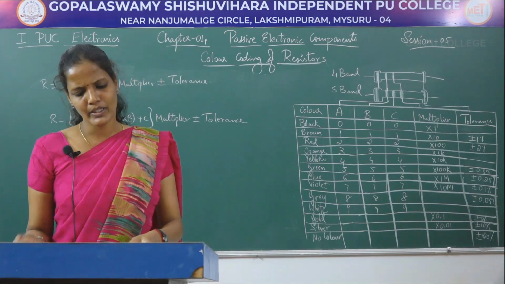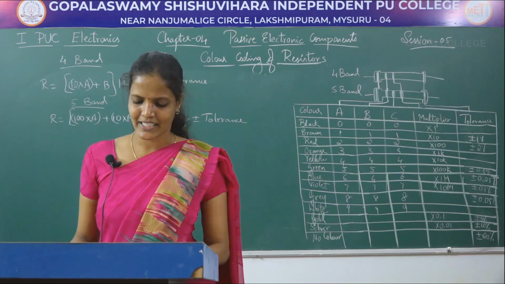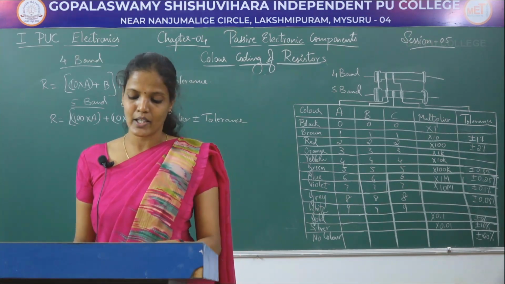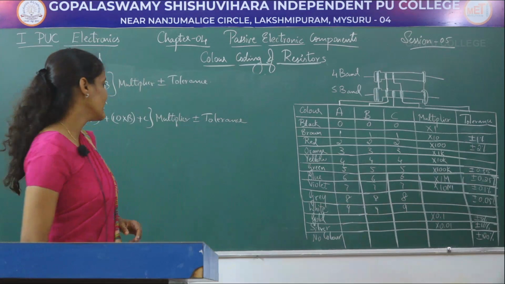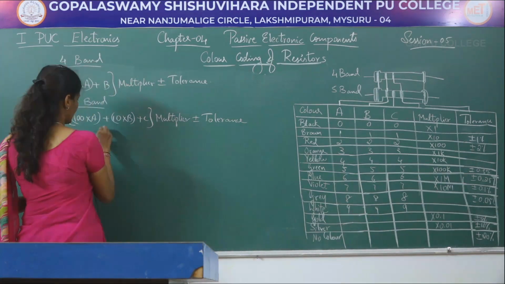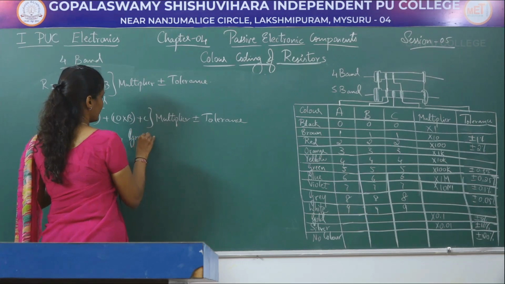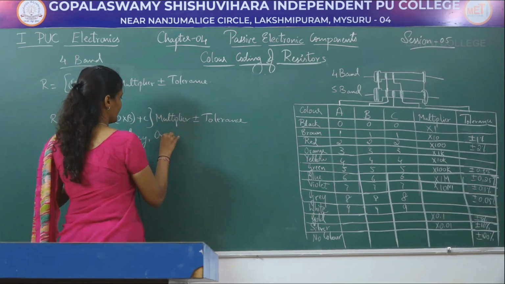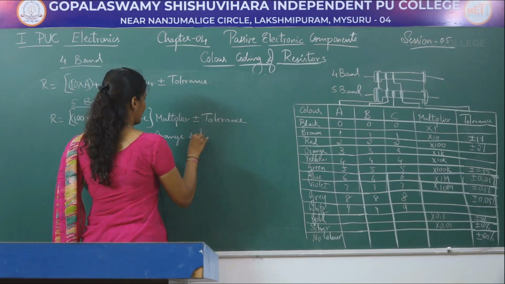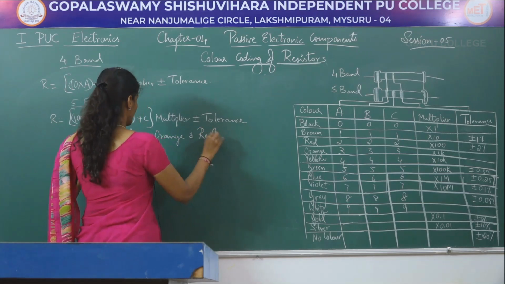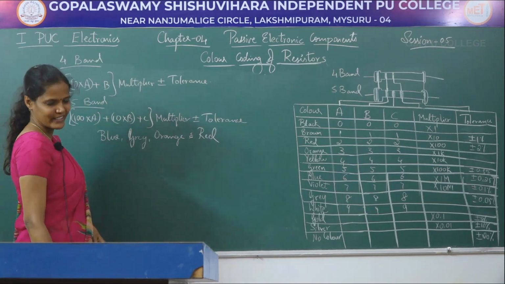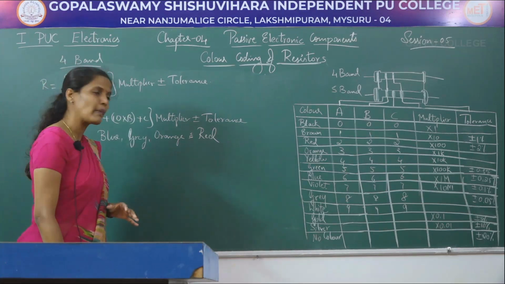Here the first problem is: consider a carbon resistor having 4 color bands: blue, grey, orange and red. So this is a 4-band resistor where only 4 different bands are given.